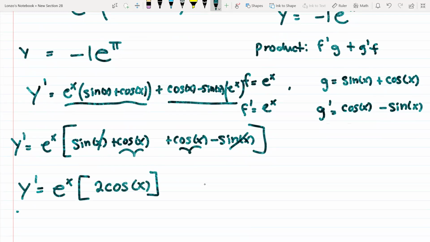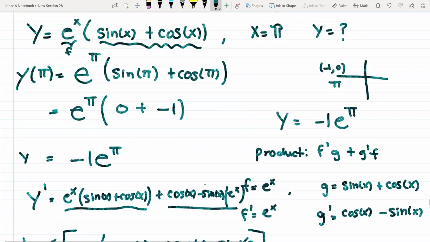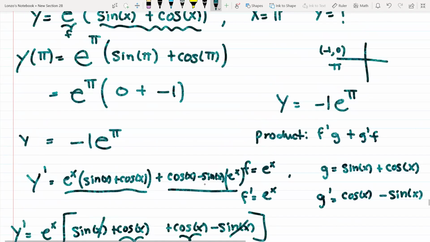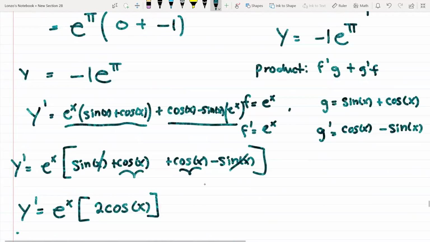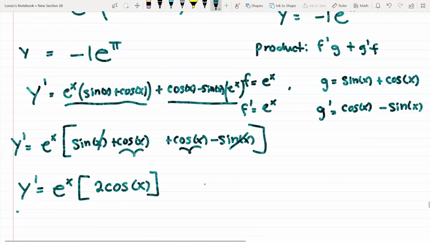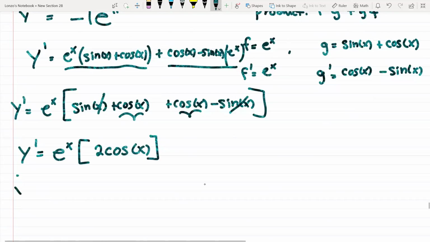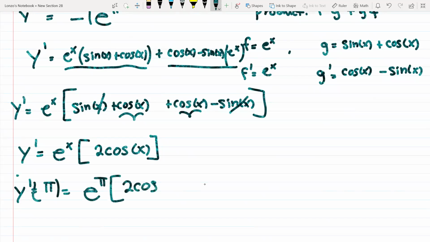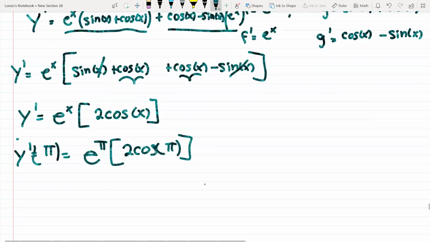Okay, then I gotta find my tangent. So I gotta find the slope, right? Or m1. I think we could just get away with plugging in our x value. There's no y. We don't need the y yet. So it's y prime of my x value, which is pi. So that's e to the pi times 2 cosine of pi.